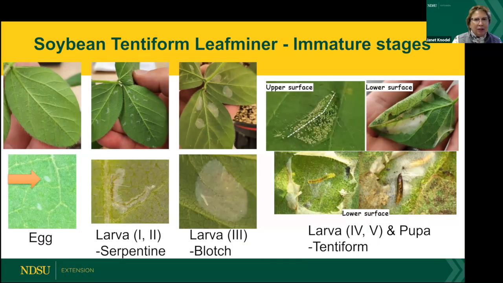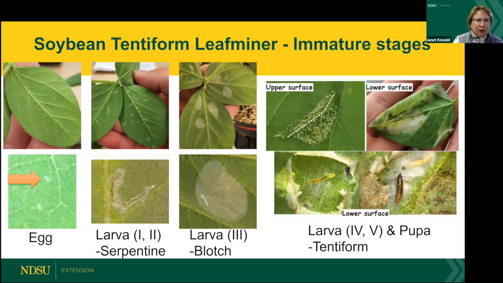And it's a leaf miner, so it's going to mine the leaves between the upper and lower epidermis. And at the beginning, they start out as a serpentine, and then it goes to a blotch mine, and then a tentiform mine. So you can see it kind of looks like a tent on the upper surface, and then on the lower surface, it's more of a blotch.